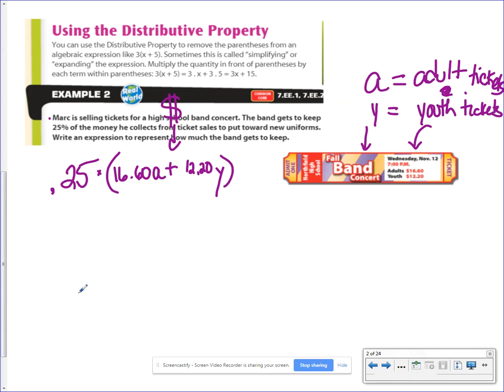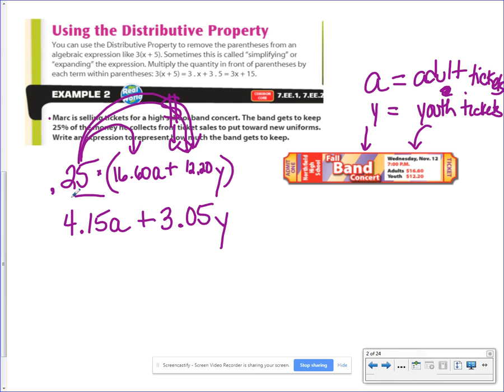All right. Now, to simplify this, what we could do is take that 25/100ths and distribute it times both things. 25% times $16.60 would be $4.15 times A, and then 25%, or 0.25, times 12.20 times Y, which would be 3.05 times Y. A and Y are different letters, so this would be how much the band gets.